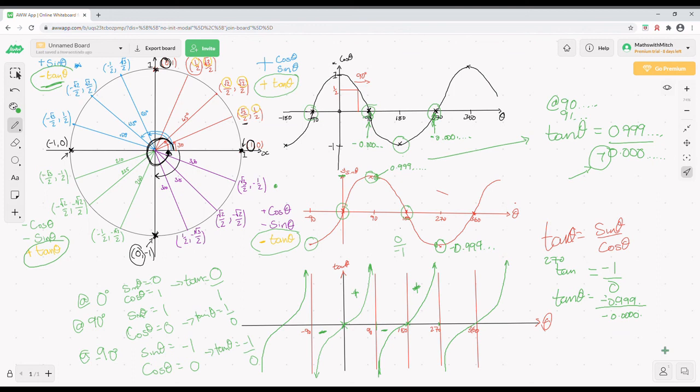So there we are. You can now graph cosine, sine, and tan. So all the trig ratios graphing across from minus 180 through to 360 in repeating patterns, and you can use them to then find values for the ratios.